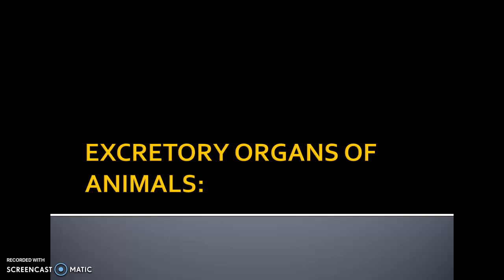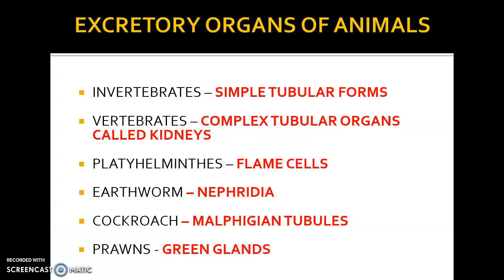So now let's have a look at the different excretory organs of animals. We begin with the invertebrates. In invertebrates, we can observe the excretory organ in the form of simple tubular forms, whereas in vertebrates, the same simple tubular forms have become complex to form kidneys.